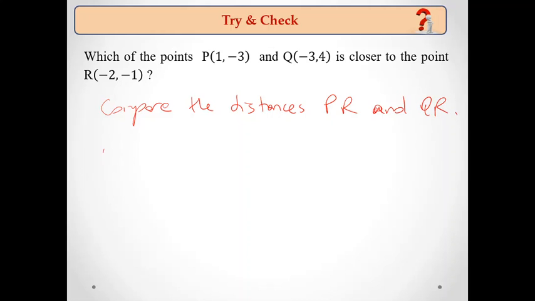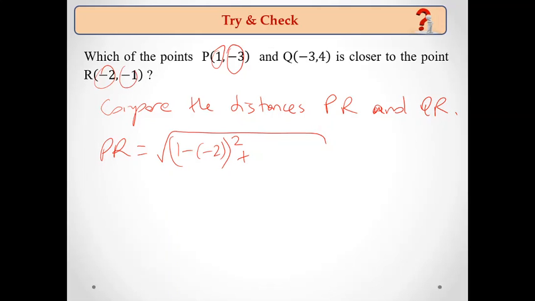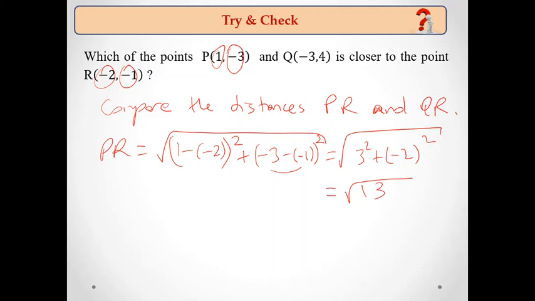Now, what is PR? PR is the square root of, you take 1, subtract minus 2 from 1, take the square, and then you take -3 and subtract 1. Square root of 3 squared plus minus 2 squared, which gives you square root of 13.